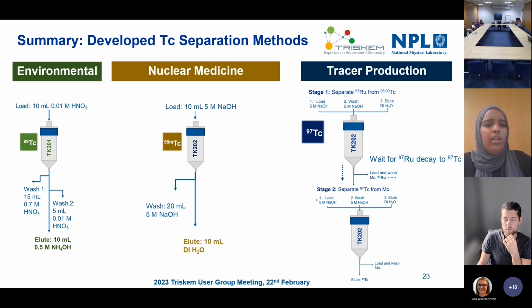So just to summarise today's talk, I've hopefully given an overview of the different applications for technetium measurement and all of the different Triskem products that are available for doing technetium separation, and how in the past couple of years we've been able to use these resins to allow us to make progress in the production of tracers.